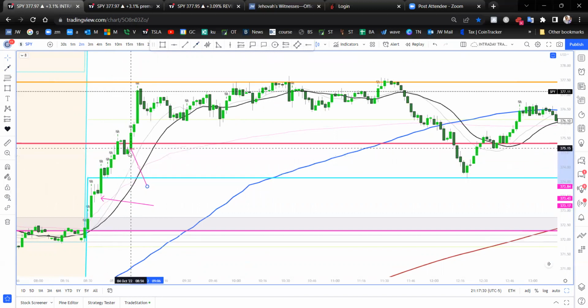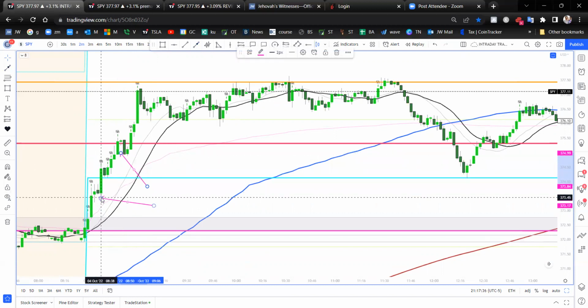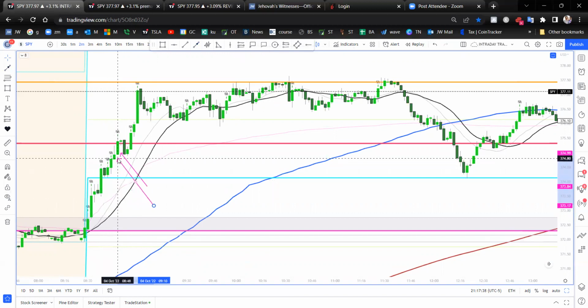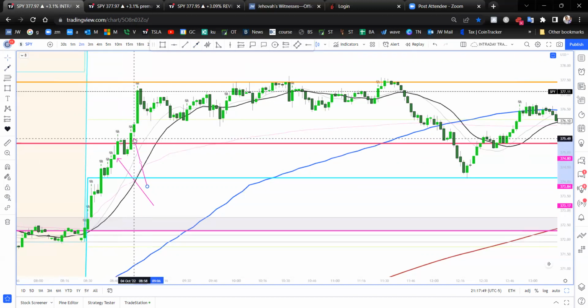Finally get another ignition candle right here. We see that they pull it back. Again, the stop loss moved back to here. And again, all in this push up, there's nothing wrong with taking some profit there. But at the same time, you're following it up with these ignition candles.